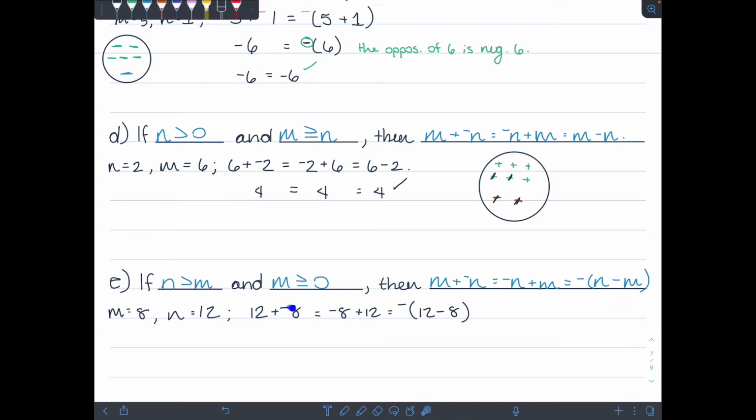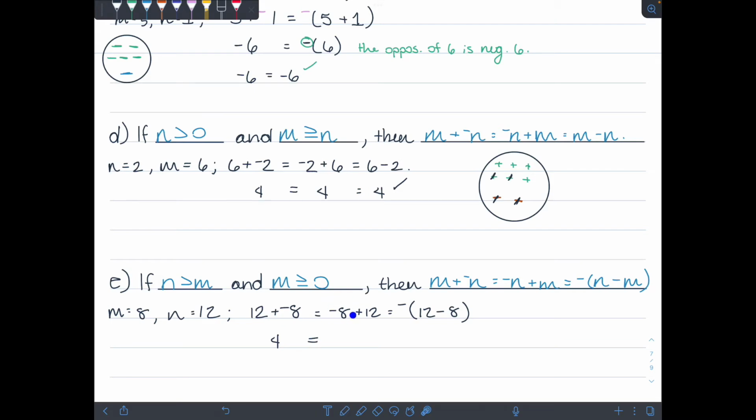Well, what's 12 added to a negative 8? Take away 8. Exactly. 4. Positive or negative? Positive. Leave that one as is.